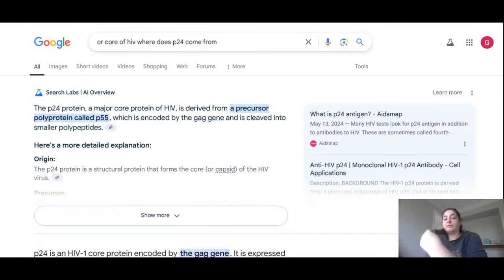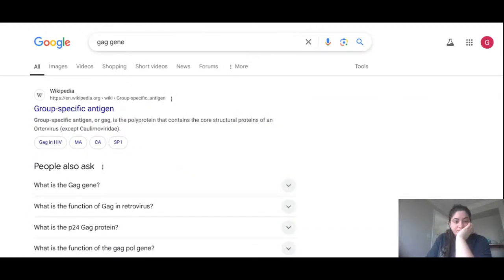It comes from P55, which is encoded by the GAG gene, which is cleaved into smaller polypeptides. GAG, group specific antigen, is a polyprotein that contains the core structural proteins of an orthoretrovirus.